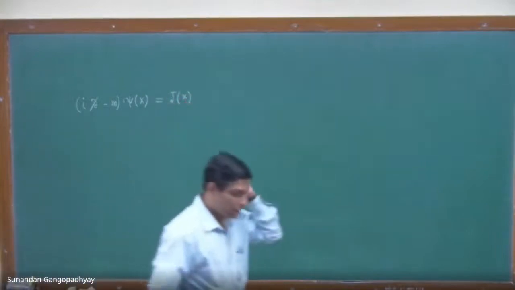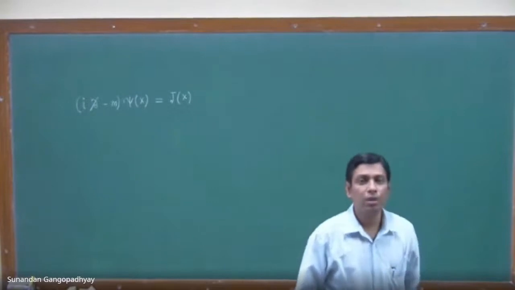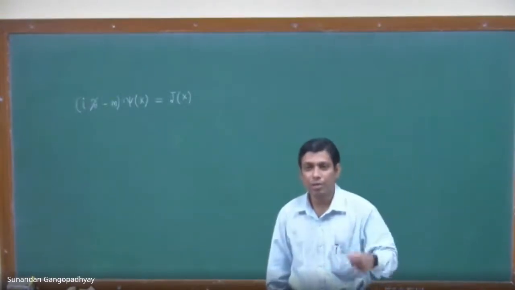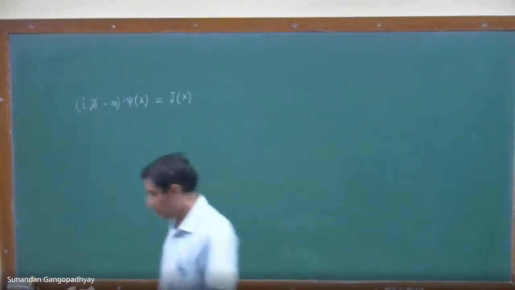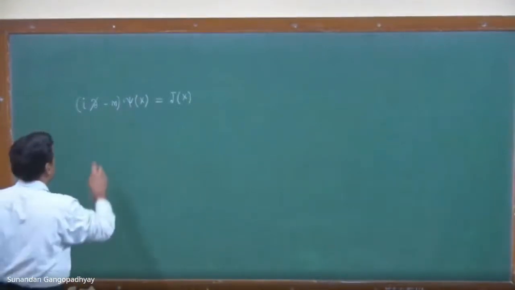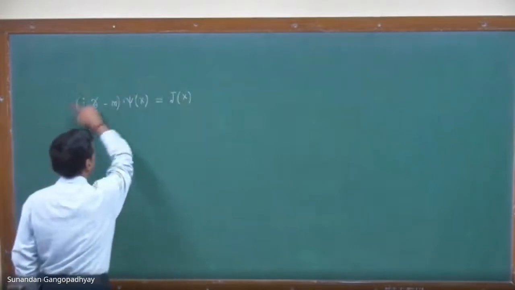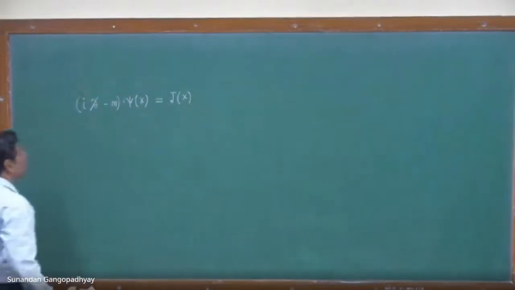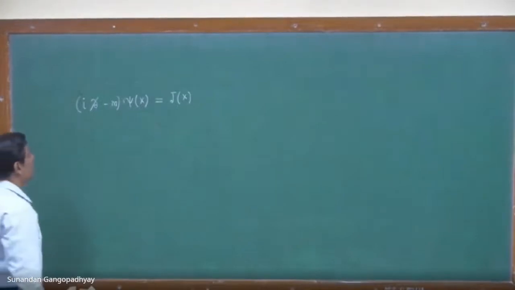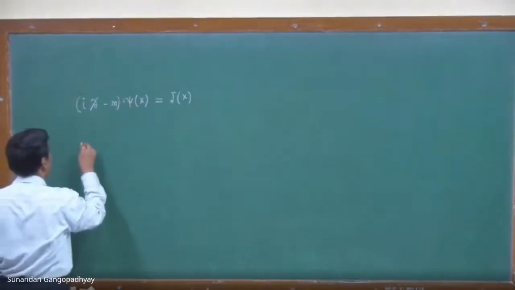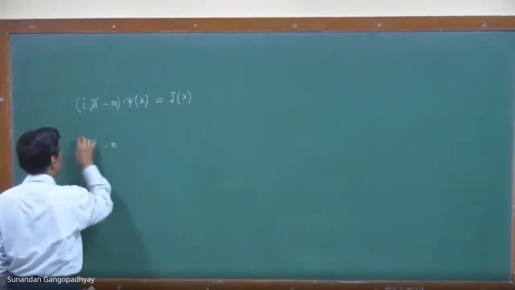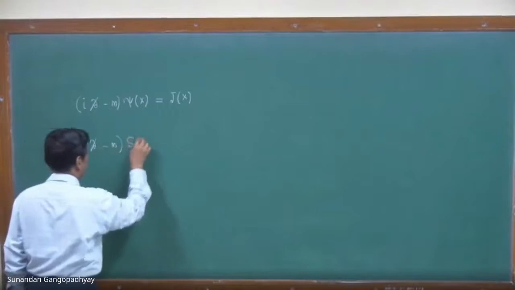So this is our starting point to look into the theory of how the fermionic particles or Dirac particles move in space-time. We want to look at the propagator for Dirac fields, and this is a non-homogeneous partial differential equation. The standard technique to solve it is to write down the Green's function.